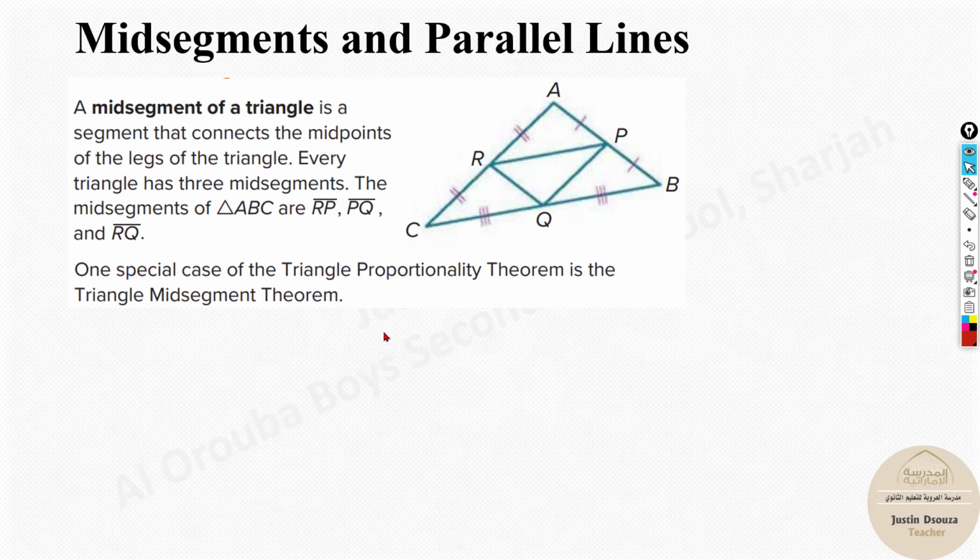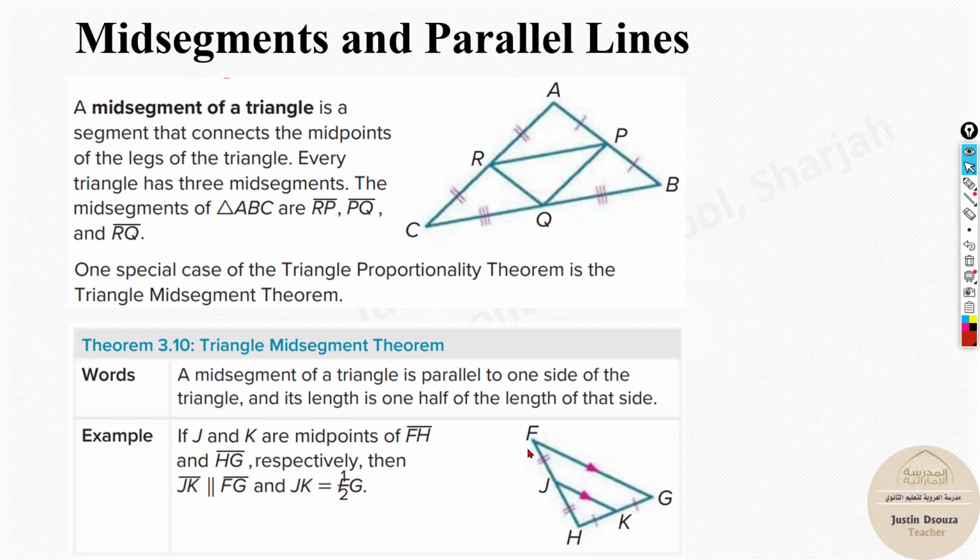Now there's a special case of this. If there are 2 lines parallel, which we saw just a while ago, but there is one thing: if the segments FJ and JH are equal. In the previous problems we didn't have the segments equal. Here now, what if FJ and JH are equal?